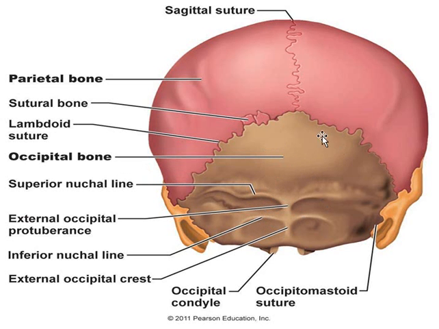So in the posterior area, we can see the lambdoid suture, the external occipital protuberance, external occipital crest, in addition to the superior nuchal line and inferior nuchal line. This is the external, posterior view of the skull.